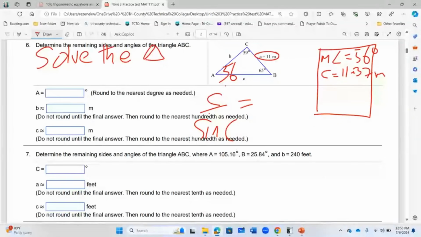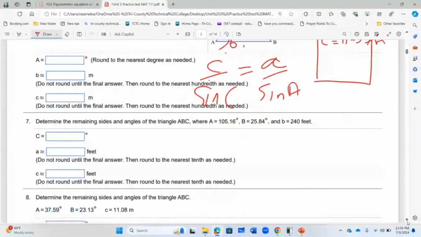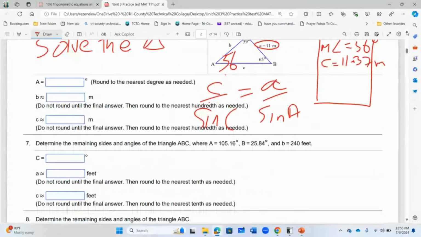I can say A over sine A or B over sine B. A over sine A. Then I plug in what I already have. I should have only one unknown after plugging in.